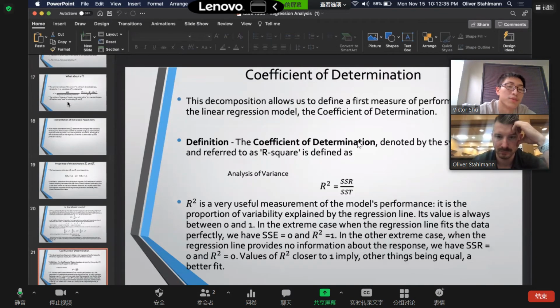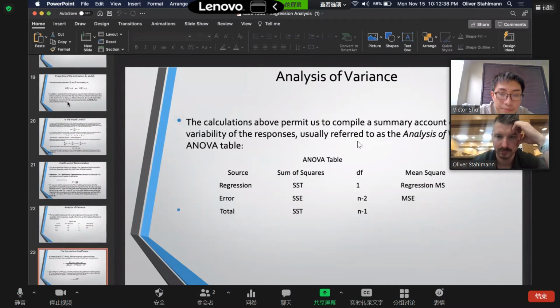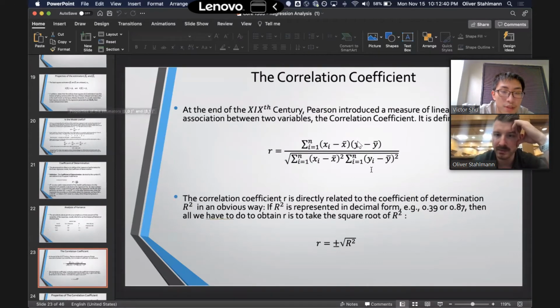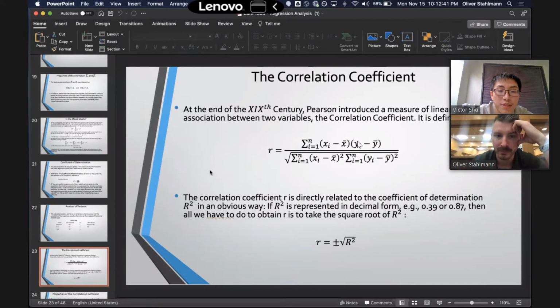Oh, I think you're doing the little r. I am, right? Yeah, here. You're doing the little r, yes.